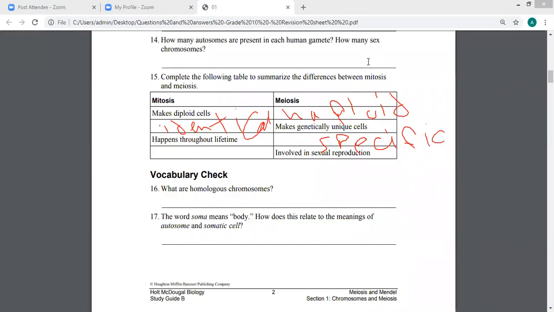The next one, meiosis involved in sexual reproduction. Means the meiosis enters the sexual reproduction, or is important for sexual reproduction. So meiosis involved in cell division.